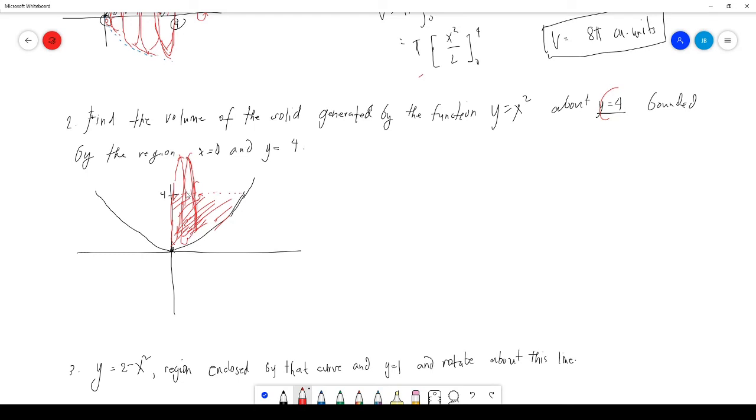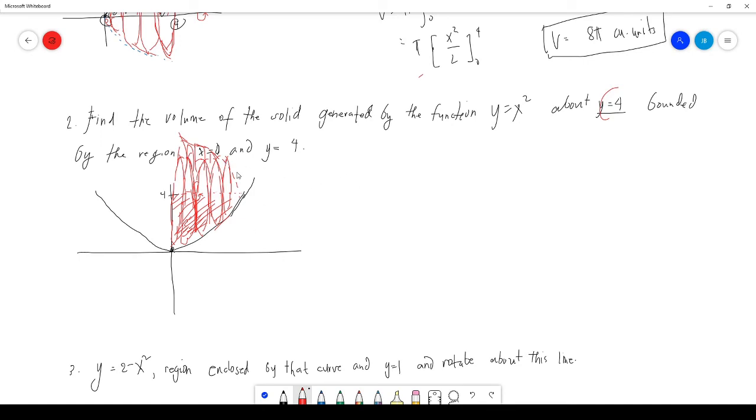Since this is the center. So imagine a disc. That's why it's called a disc method. Okay, I'm really bad at drawing, so I'm sorry. I hope you can imagine a disc in there.